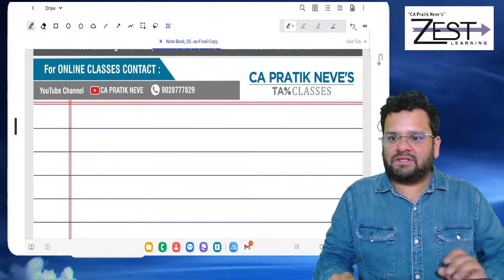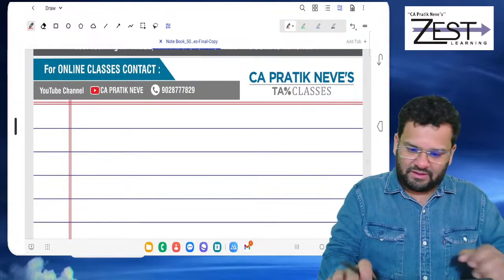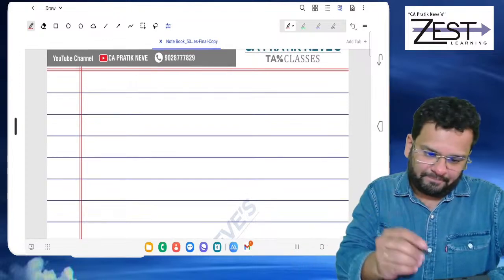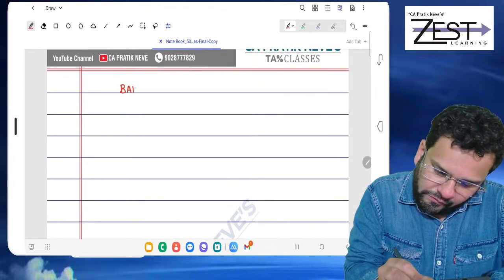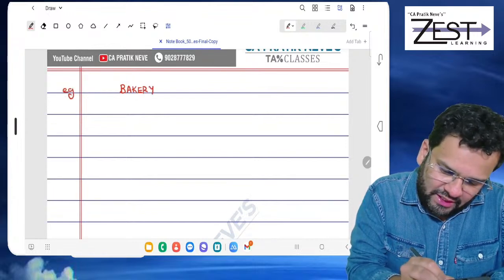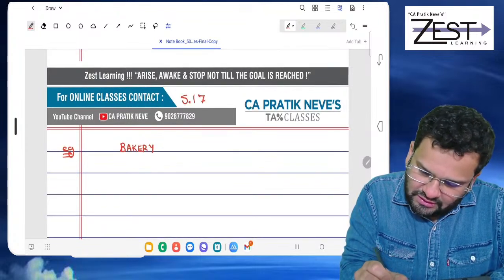So yes, Ashima ji, Mahalakshmi ji, are you there? Yes, absolutely. So listen carefully now. Suppose I am running a bakery. This is an example of section 17 subsection 1.